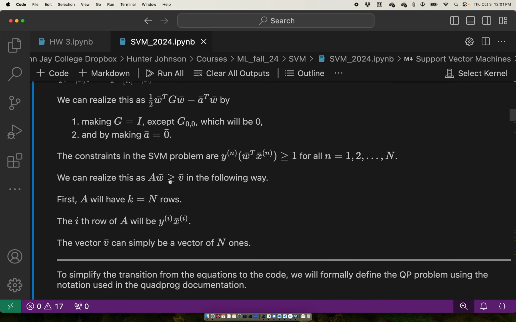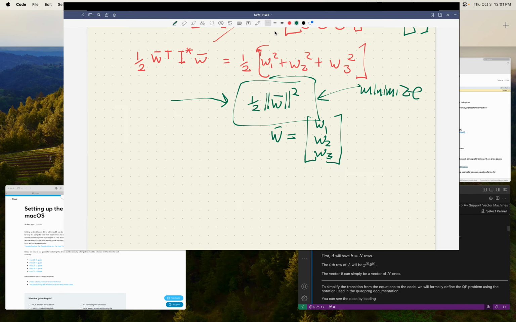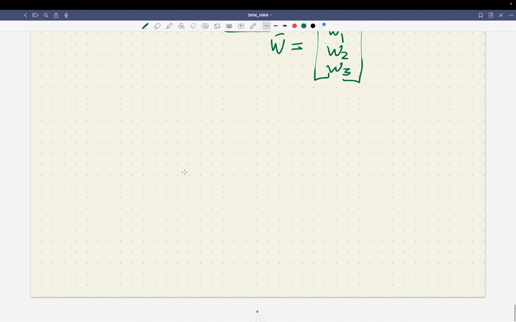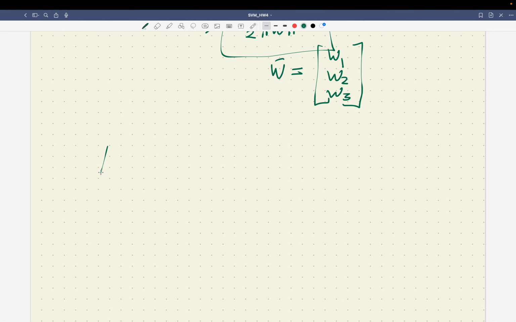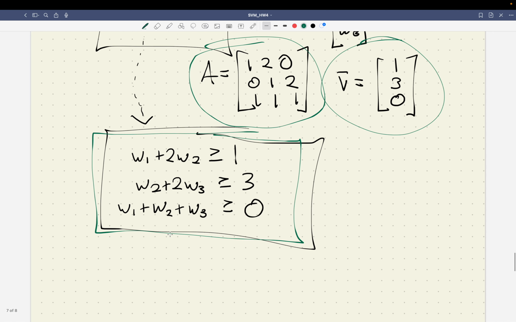So let's see how we would put in the constraints. Let's make A equal to, in this concrete situation, let's look at these constraints.